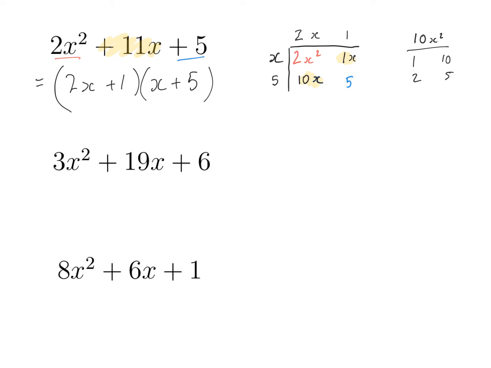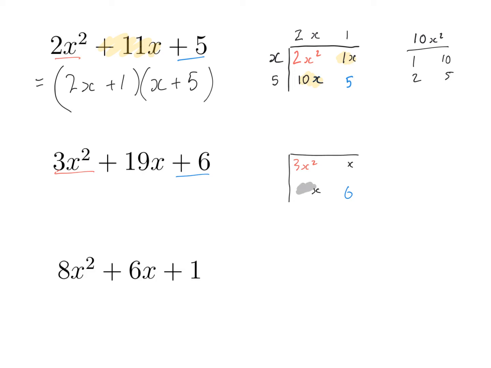The next one, so again, another trinomial, all three terms are positive. I'm just going to go ahead and set up my grid. So I'm going to have my 3x squared here, my positive 6 here, and I'm going to have some x's here and here.